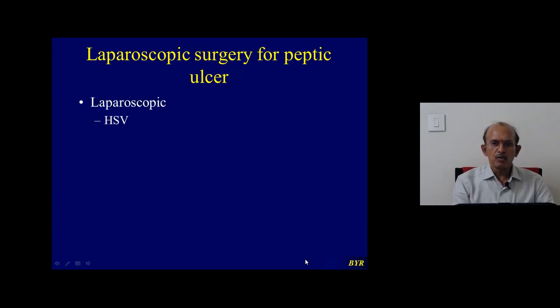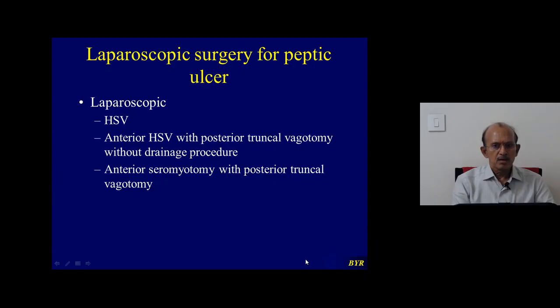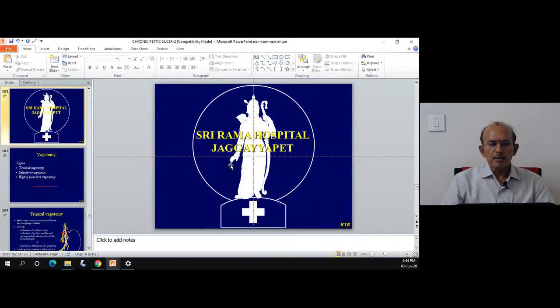Laparoscopically also you can do the procedures. So these are all the procedures you do. So this is about the surgical management of chronic peptic ulcer. If you have no doubts, I will proceed to the next topic, that is the complications of peptic ulcer.